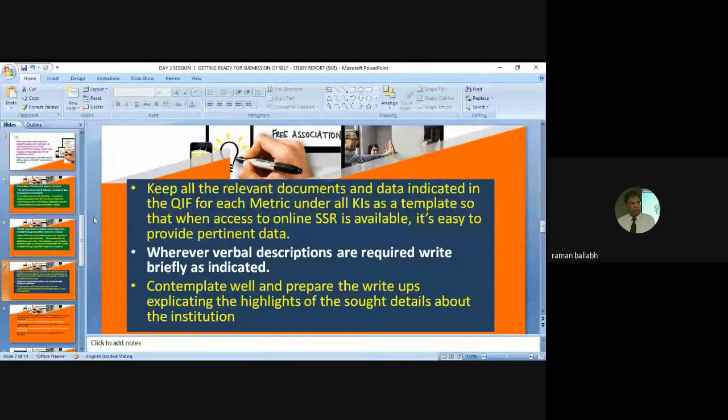Rupal ma'am, you are from which institution, ma'am? You are from a medical college. Yes, I am from Medical College, Ahmedabad. I noted down that I will talk with you today. Ma'am, in a medical college, all the members are mostly doctors, and doctors are not very good writers.